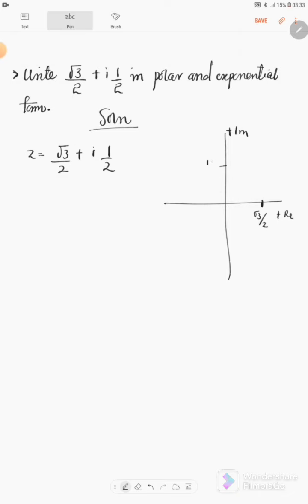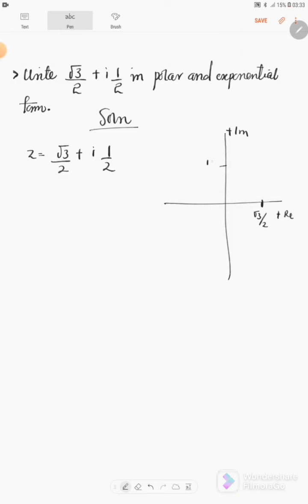The answer here gives us 30 degrees, or pi over 6.